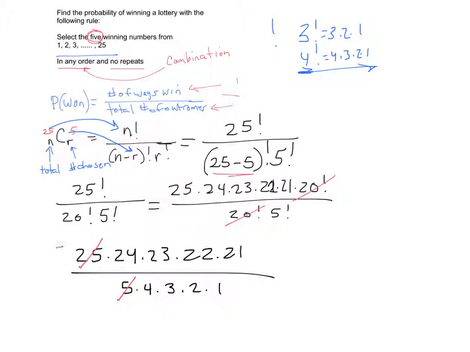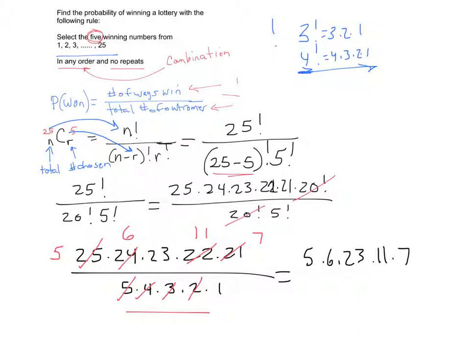5 goes into 25 five times. I don't have to do this, I could go ahead and multiply it out, but I want to make this a little bit easier to solve. 4 goes into 24 six times. 2 goes into 22 eleven times. 3 goes into 21 seven times. And you see what happened? I got rid of the denominator. So now all I have to do is multiply 5 times 6 times 23 times 11 times 7.